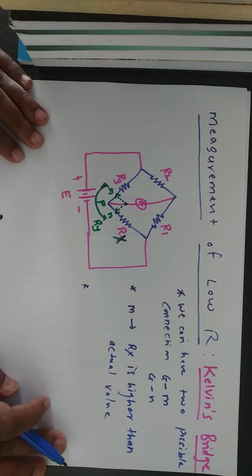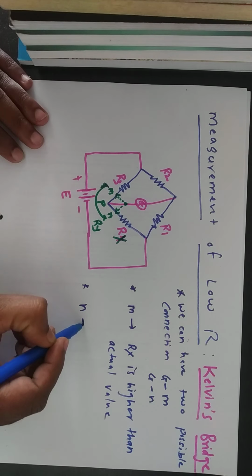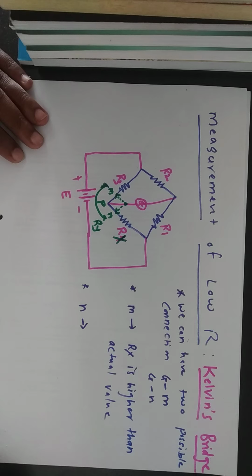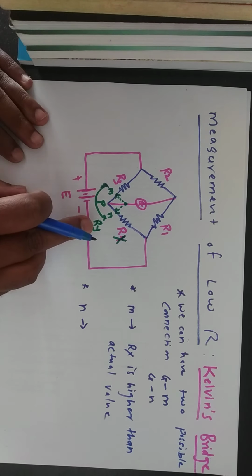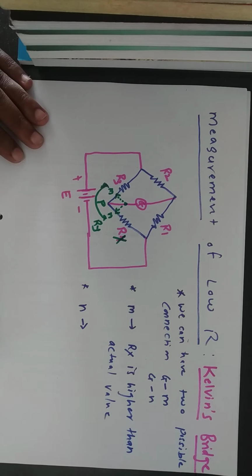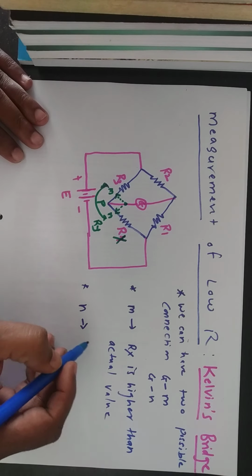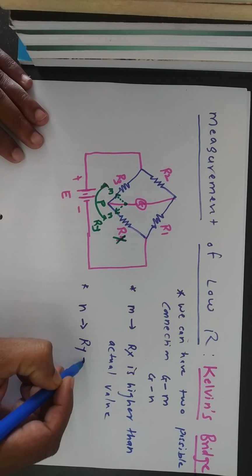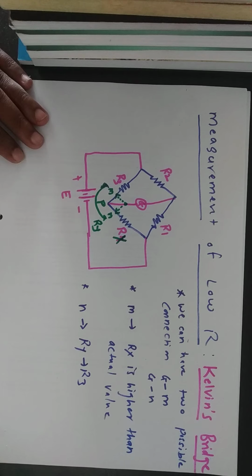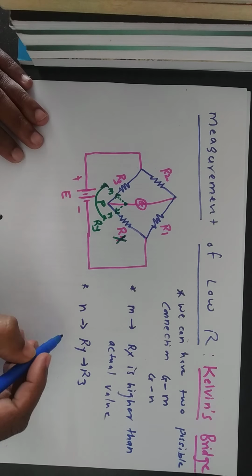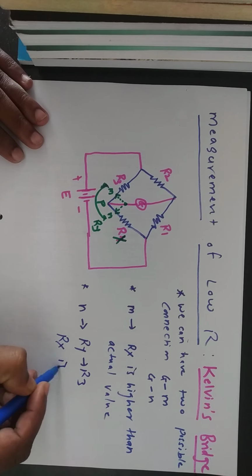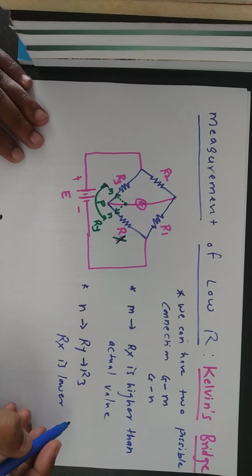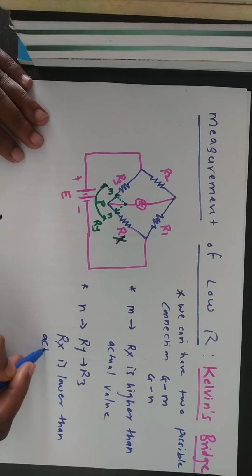And when the galvanometer is connected to point N, your Ry is added to R3. So Rx is lower than the actual value.